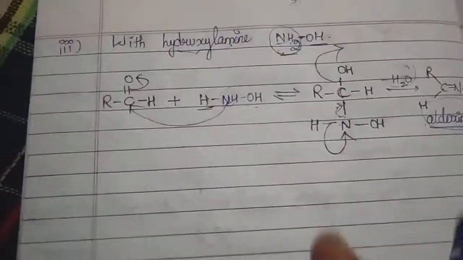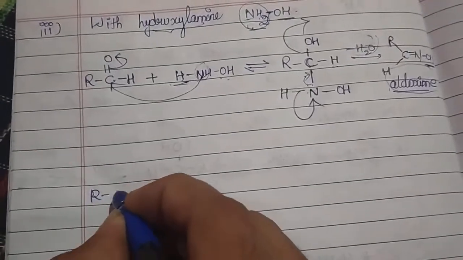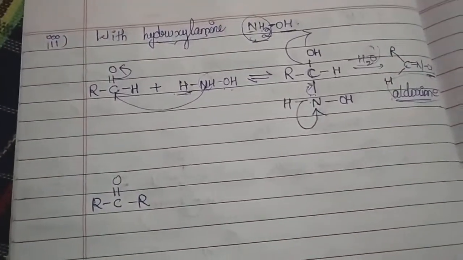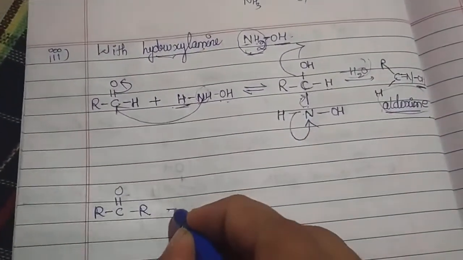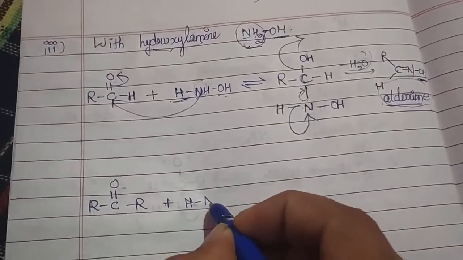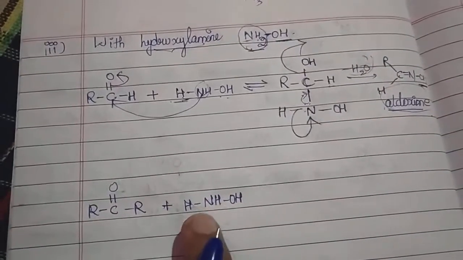Coming now to ketones, as we did earlier. R, C double bond O and another R. Write it in the same way with NH2OH. I am not making any difference.